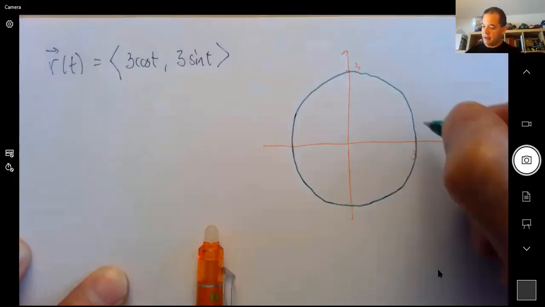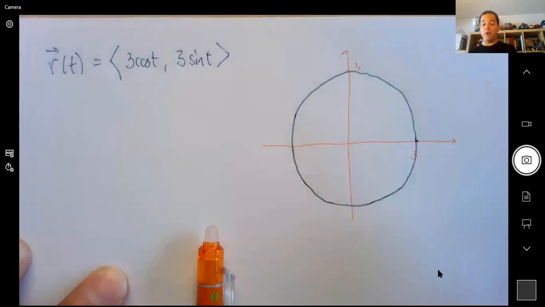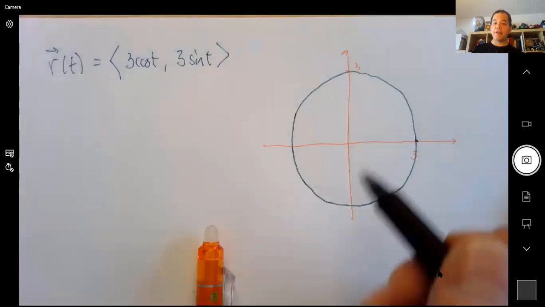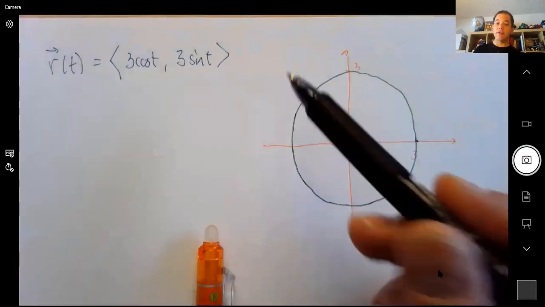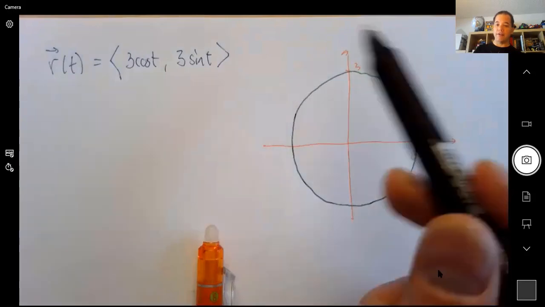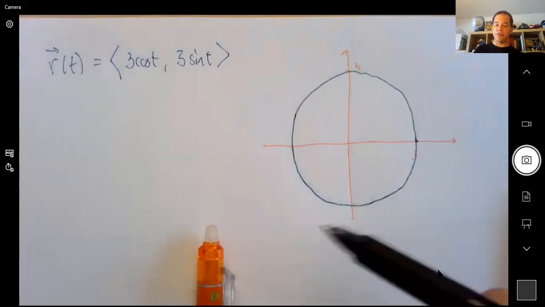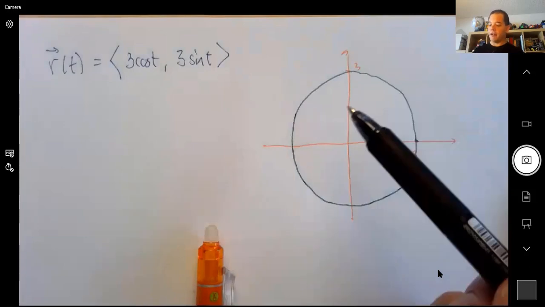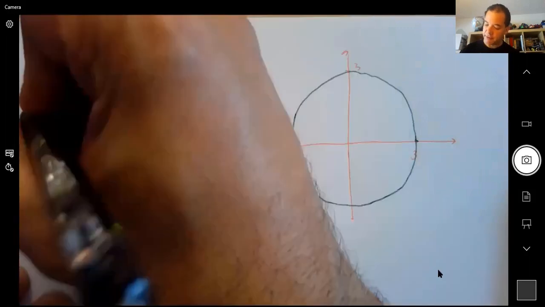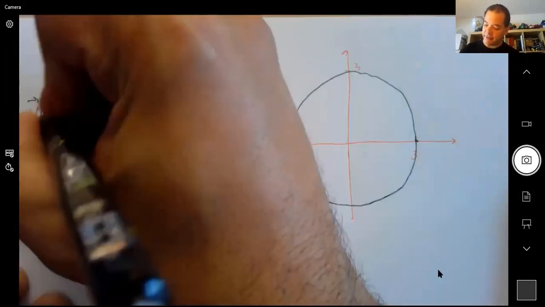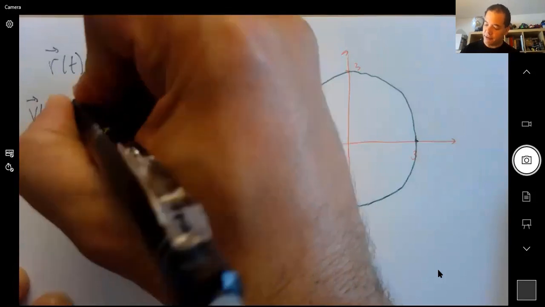Like this. Okay, now what we don't quite know is, if it is like I just drew it, right? How fast is it drawn? Where is the velocity? Was it drawn like I did in this positive direction or in the opposite way? All of that, right? So for that, we can figure out what is the velocity. So like we said, the velocity is the derivative of this one.